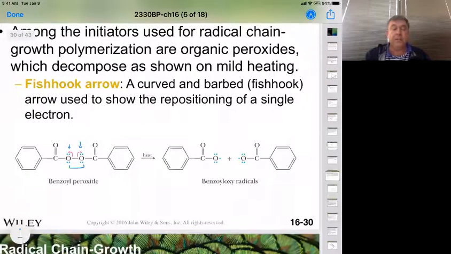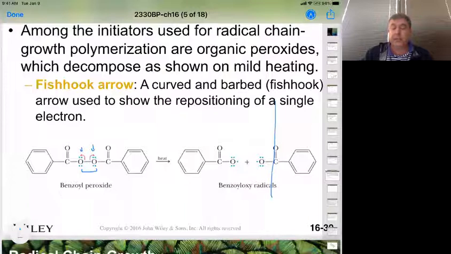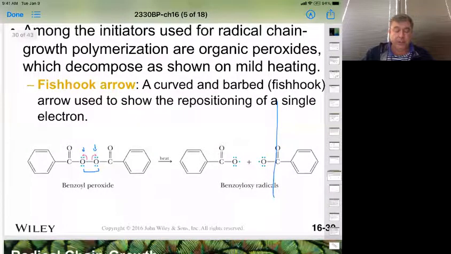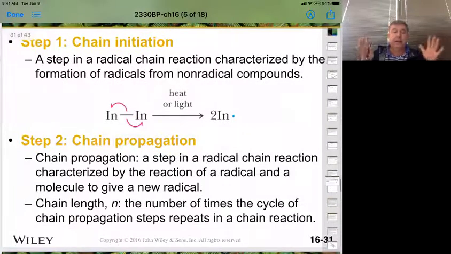Okay, so the first thing we do is we initiate it with something that easily decomposes to give us 2 radicals. Okay. Then we have to start a chain. So to start the chain, we have to take that initiator and react with something in the reaction mixture, usually something with the double bond, okay?